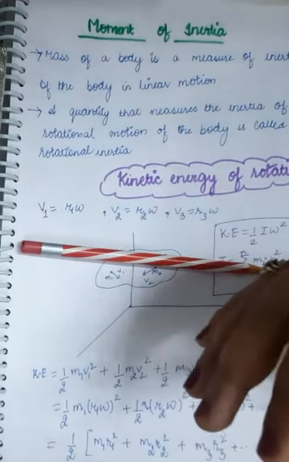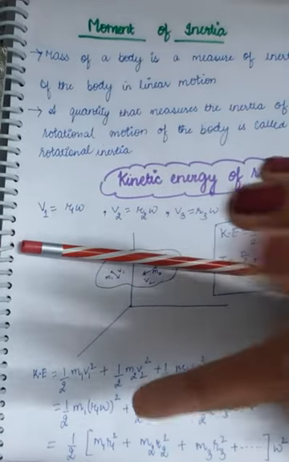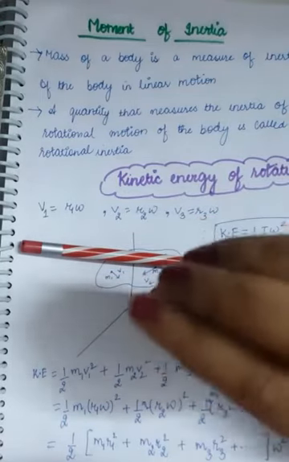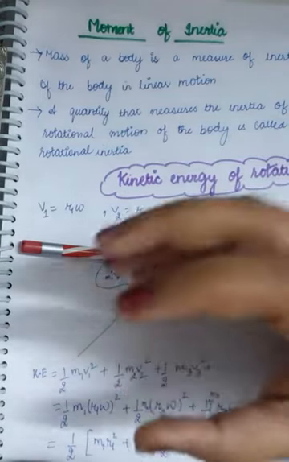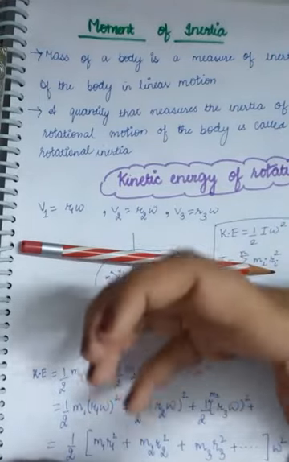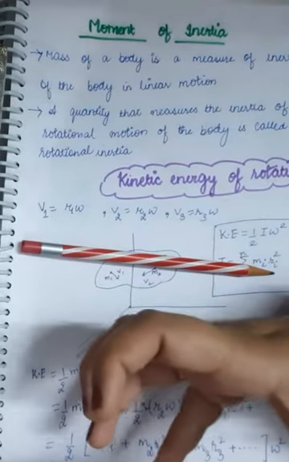But now we are going to discuss what quantity plays the same role in rotational motion as mass plays in linear motion. If you are discussing the inertia of some object in rotational motion, how do we describe that inertia?